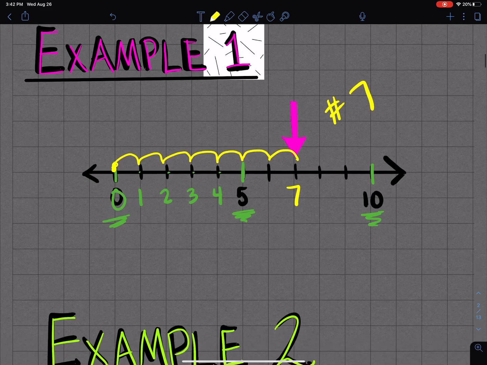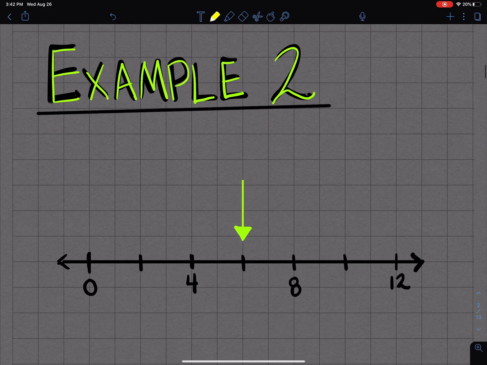Okay, let's go to example 2 because it gets a little bit more complicated here. And here it wants to know what number is the arrow pointing to, but look at the numbers that they give us. There's a 0 here, and then a 4 and an 8 and a 12. So I know that I can't count by ones because there's only one tick mark in between the 0 and the 4.